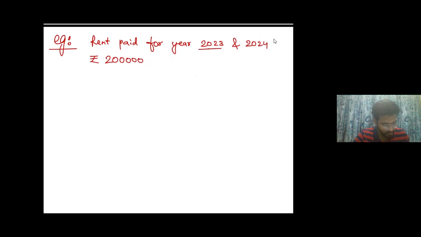For the 2 years, 2023 and 2024. The rent is paid on 1st of January 2023.